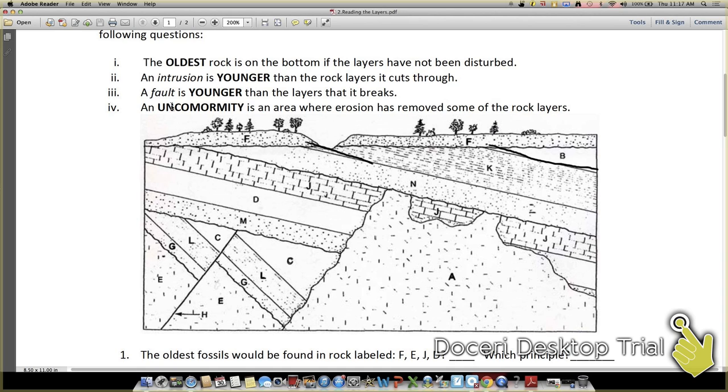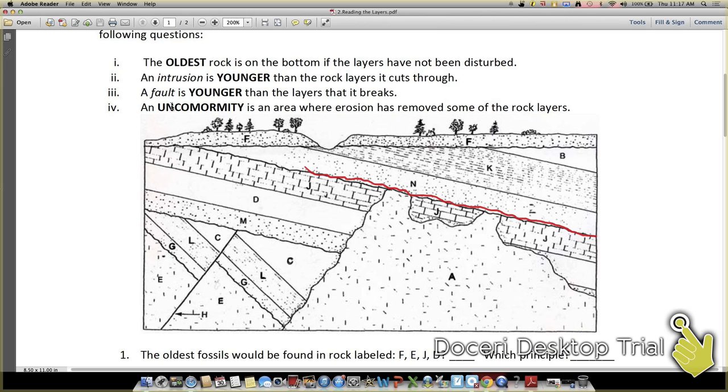They're flat. But notice how this layer is jagged, right? That tells us what? Erosion. There was an unconformity. There's some erosion going on there. So over time, something happened where some of that may have been removed.